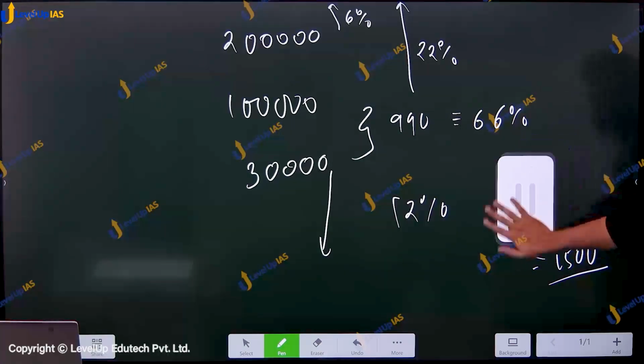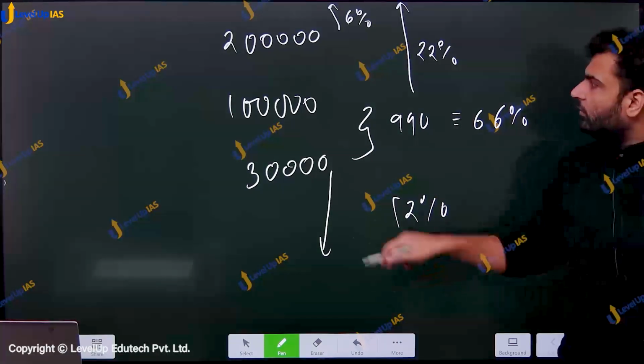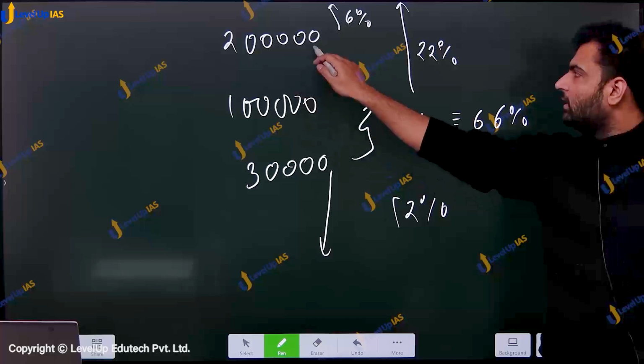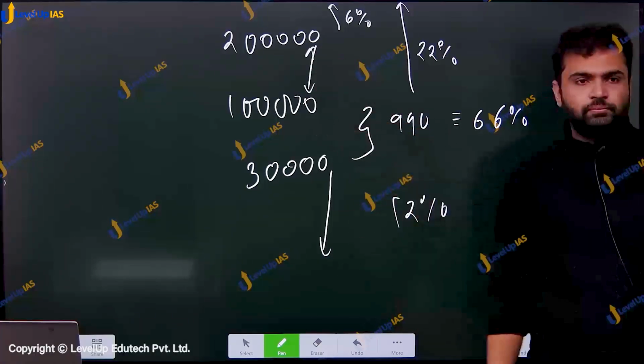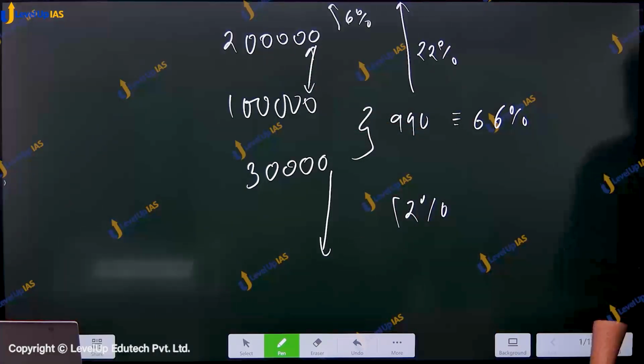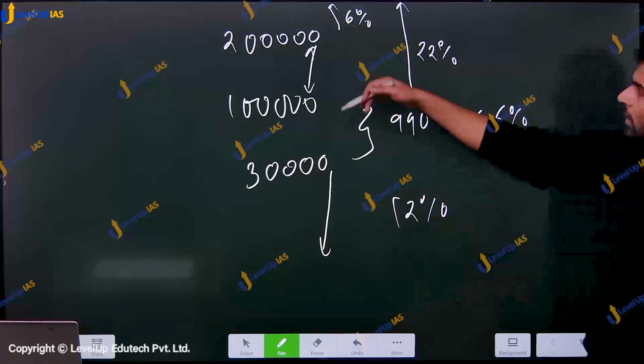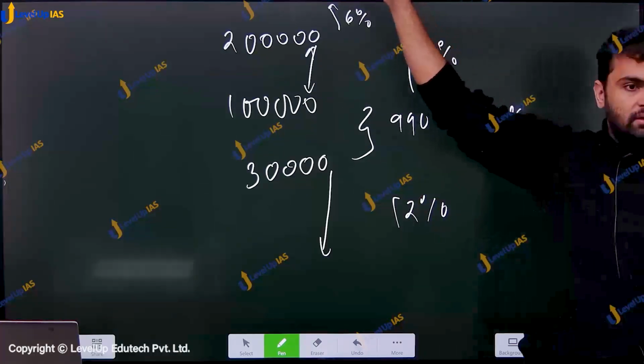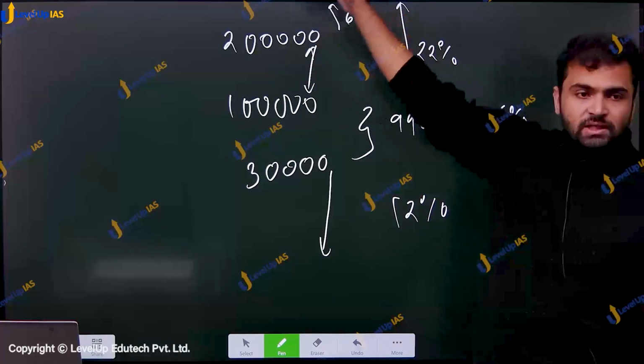Question is, how many households lie in this range, 1 lakh to 2 lakh? You know that above 1 lakh are 22% and above 2 lakh are 6%.